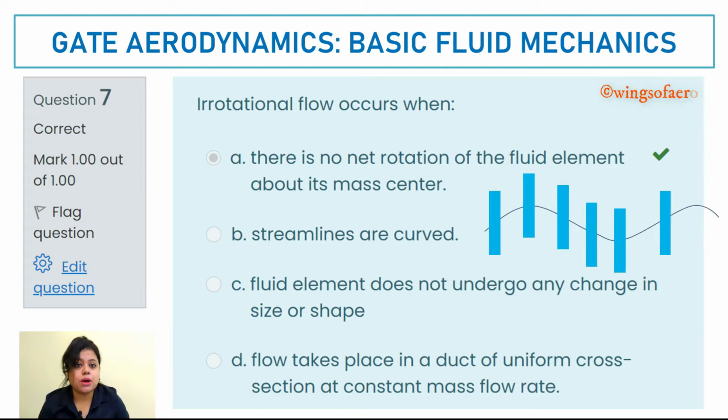In fact, the word irrotational itself says it won't rotate. Whenever the flow is moving, the axis remains constant. It is not going to rotate about some axis. So, among all the options, this will be the most suitable one: there is no net rotation of the fluid elements about their mass center.